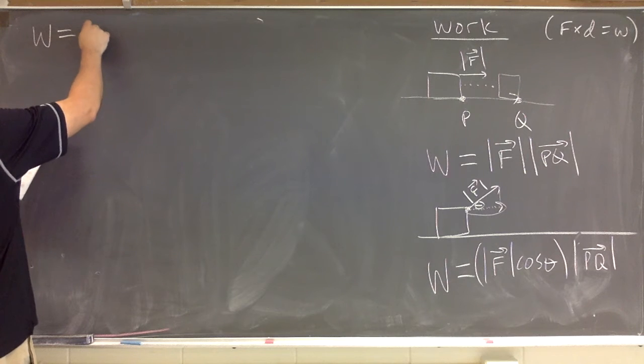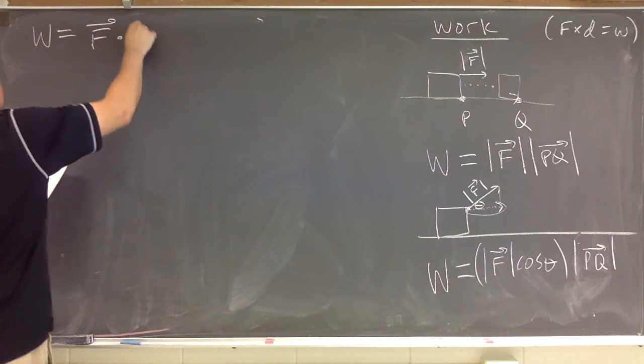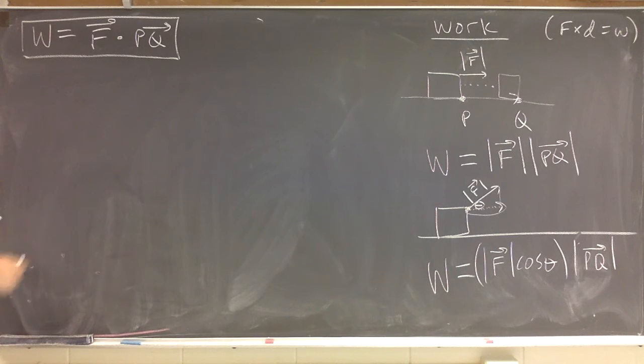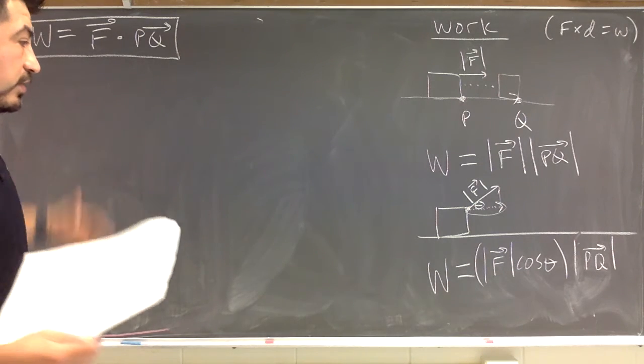Okay, so it's just the dot product of F with PQ. So this is a very nice, convenient way to calculate the work if you have the vectors given to you and you don't want to find angles or anything like that. You just take the dot product of the force vector with the direction vector, and you're good to go.